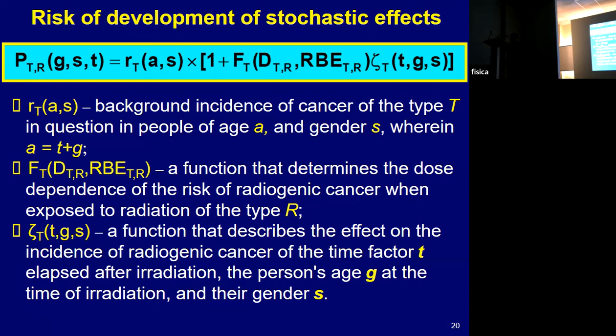According to this model, the frequency of occurrence of radiogenic cancers in an irradiated cohort is directly proportional to the frequency of occurrence of the same cancers in the non-irradiated population from which the cohort was composed. Years of latent development of radiogenic cancer can pass between exposure and diagnosis of the disease.